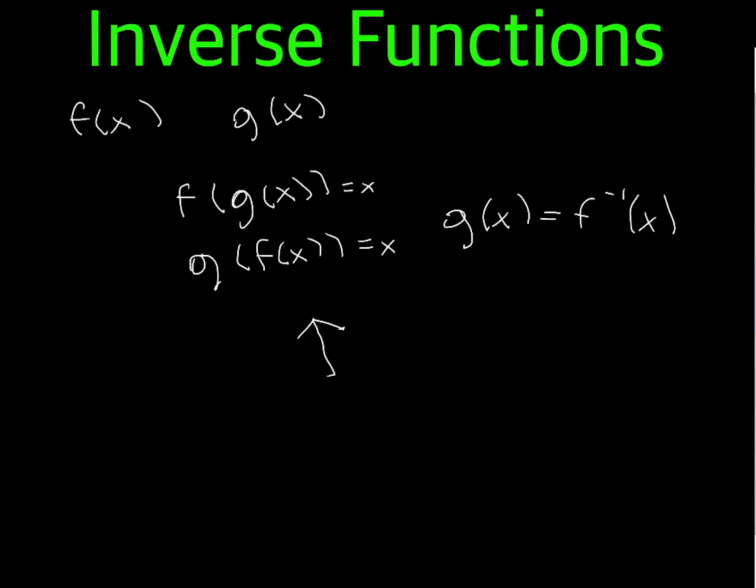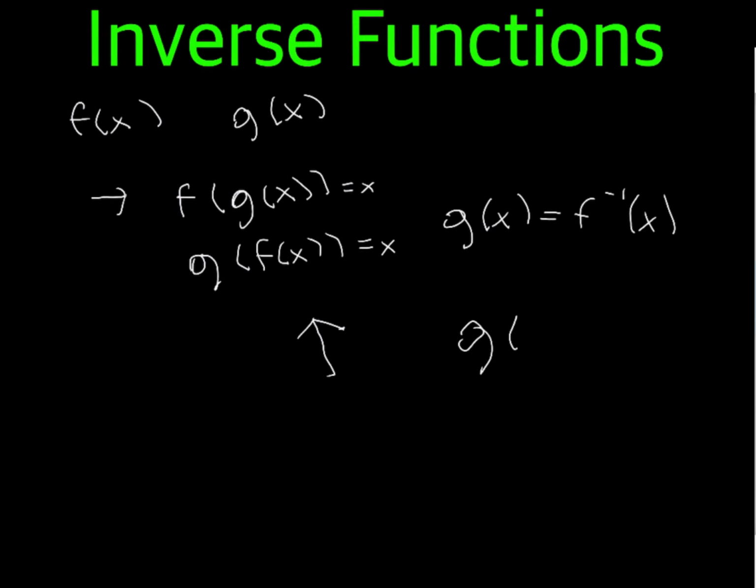Here, the first statement says f of g of x equals x. In other words, if f of g of x is x, then whatever value is coming out of g of x, when you put that into f of x, we should get back x. So it's just like what we were going over before.